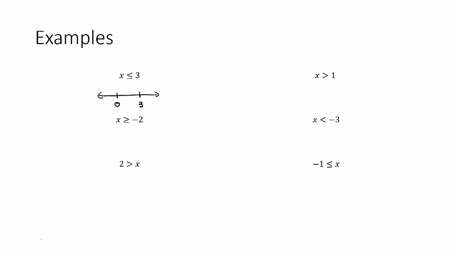And because this is or equal to, we're going to use a solid dot at the 3. And because x is less than, it is smaller than the 3. We want all the values smaller than 3. So we will shade to the left and put an arrow showing we want all the values smaller than 3.